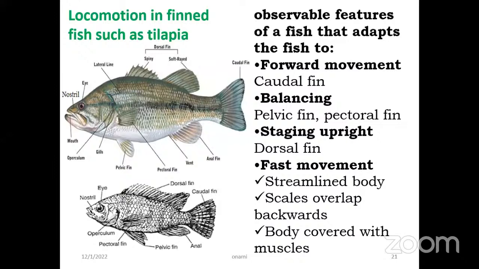The body is covered with muscles called myotomes, and they contract and relax to enhance movement in fish. So those are the external features that adapt the fish to the various kinds of movement it undertakes in water.